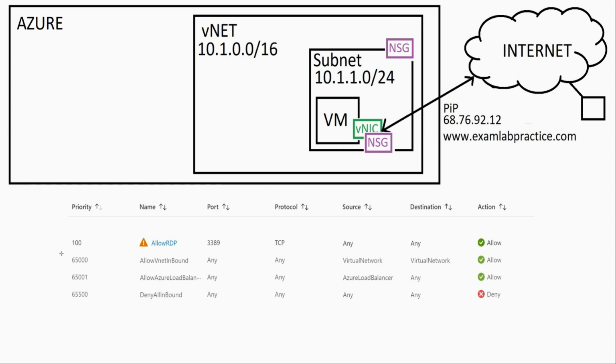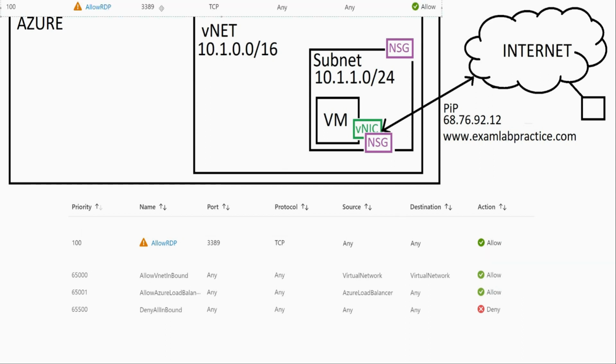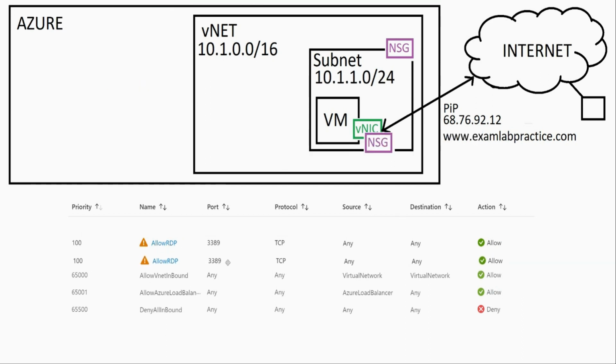So my point in that is, let's move this down a little bit. If I were to create another rule, and let's just say deny. Let's pull this down.